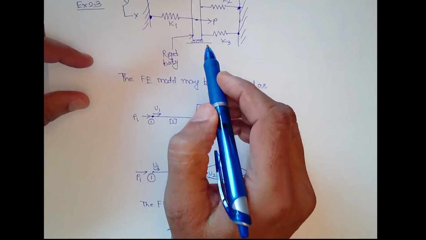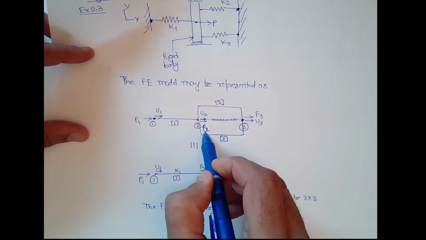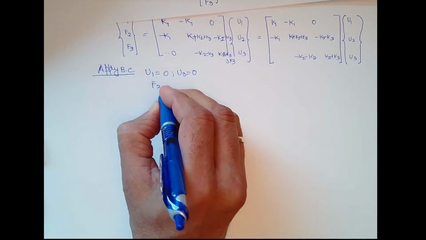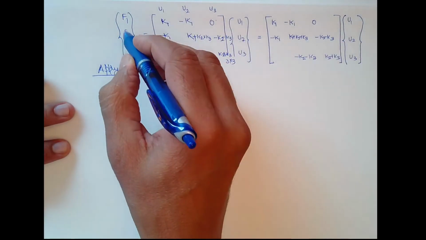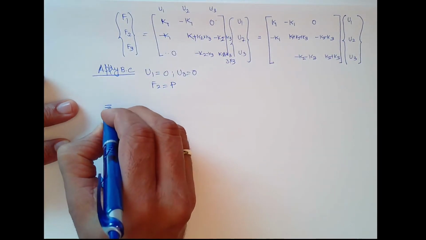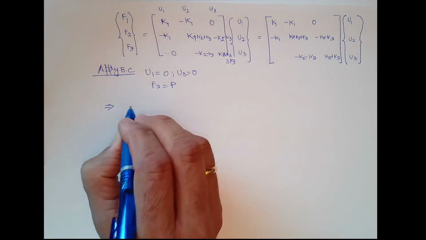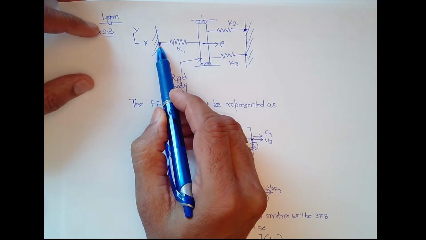Given force is P, means F2 is given, net resultant external force is P in the same direction. So F2 is P. Therefore F1, what is F1? Some reaction will come, that is still unknown.